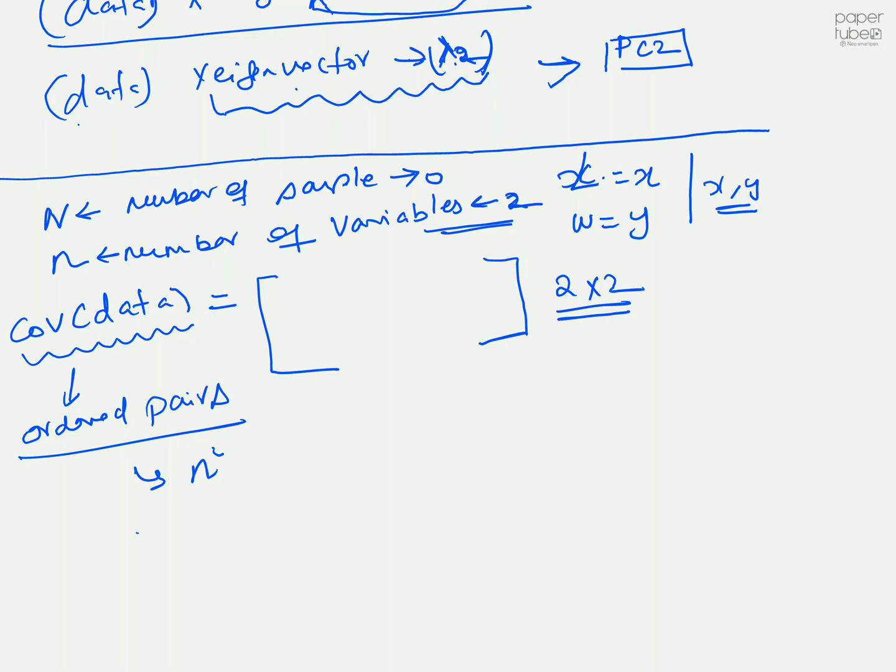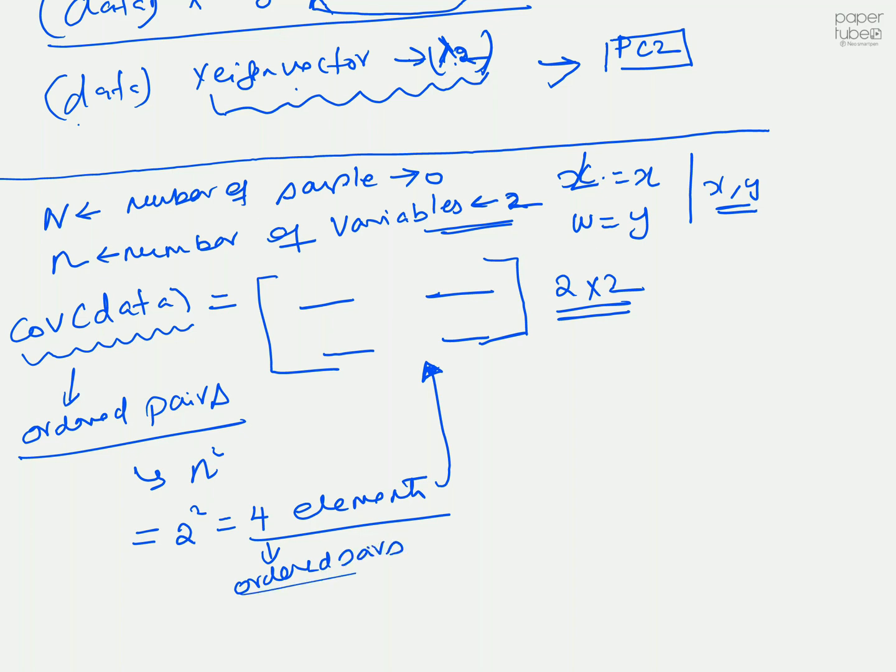So if you have two variables, that's 2 raised to the power of 2, so you have 4 elements in the covariance matrix. One element here, second, third, and fourth. So that makes your covariance matrix, 4 elements, which are nothing but some ordered pairs.